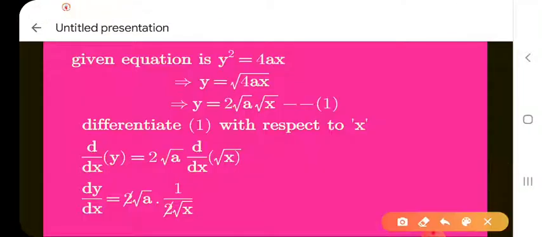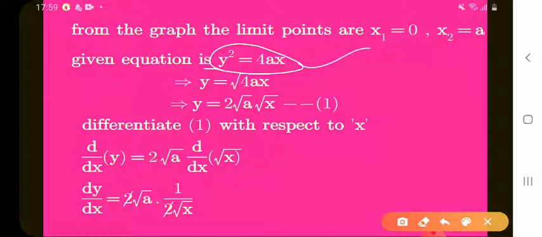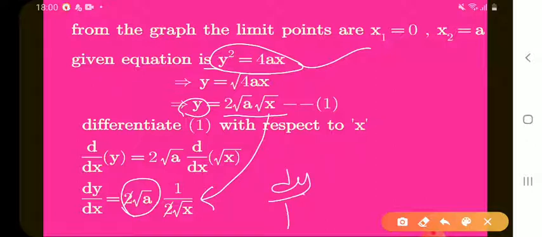See, this is our equation, y square equals 4ax. But I take the y value, so I take root on both sides. That implies 2 root a root x is the value of y. Now I differentiate. dy by dx equals 2 root a is the constant and root x differentiation is 1 by 2 root x. Therefore, dy by dx equals root a by root x.